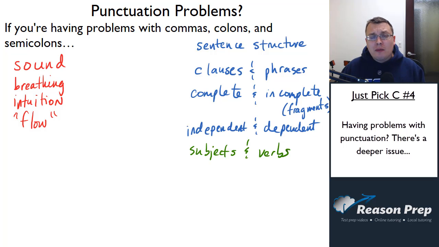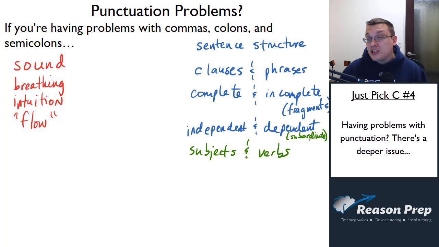So if you're having problems with commas, colons, and semicolons, take a step back and watch the videos or rewatch the videos on clauses, phrases, fragments, and independent and dependent clauses, which sometimes are known as subordinate clauses. Once you have that understanding, when you can identify this clause or that clause, you can then put them together effectively, and then that's where the punctuation rules come in.